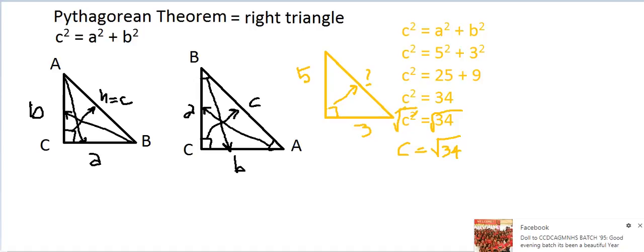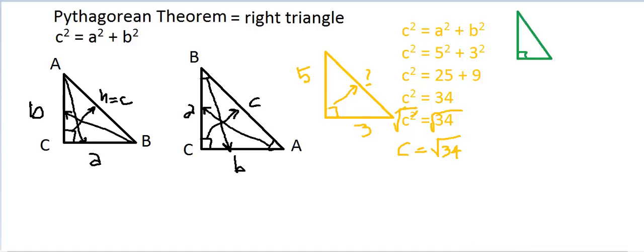What about if, say for example, let's have another triangle here. Say this one, and say this is the right angle, and the given this time is the C and one of the sides.